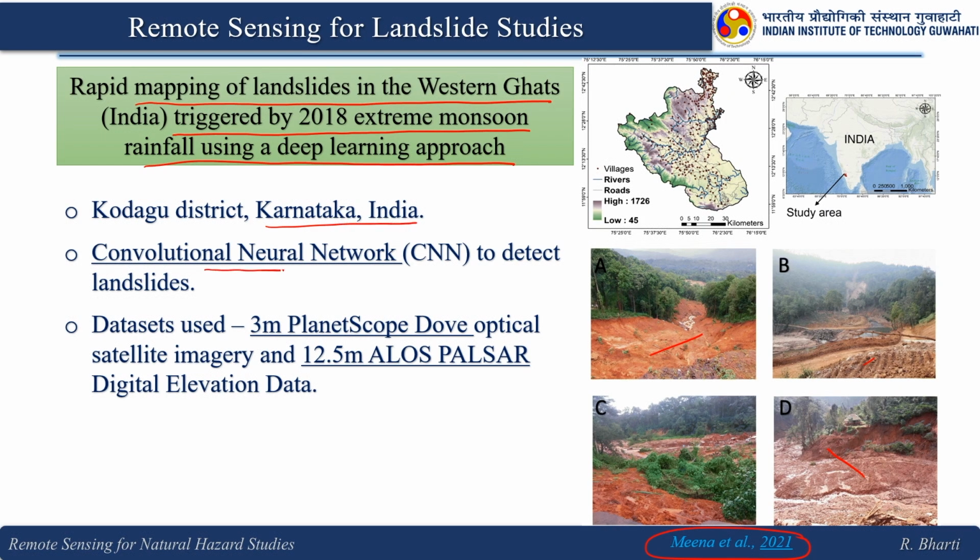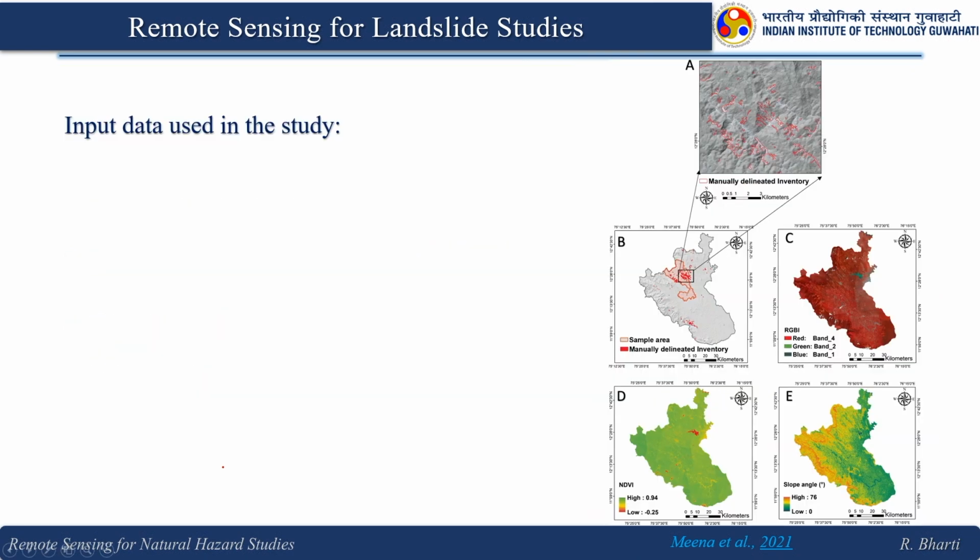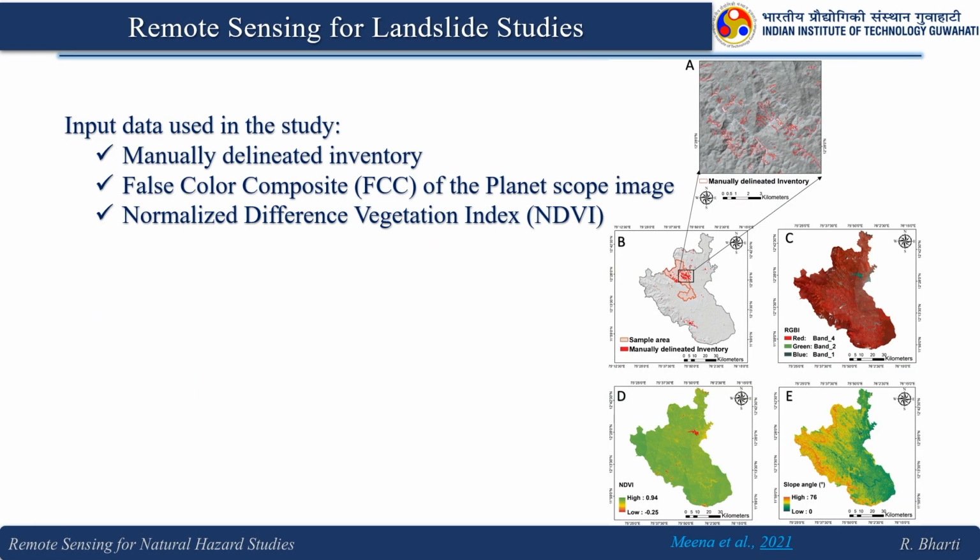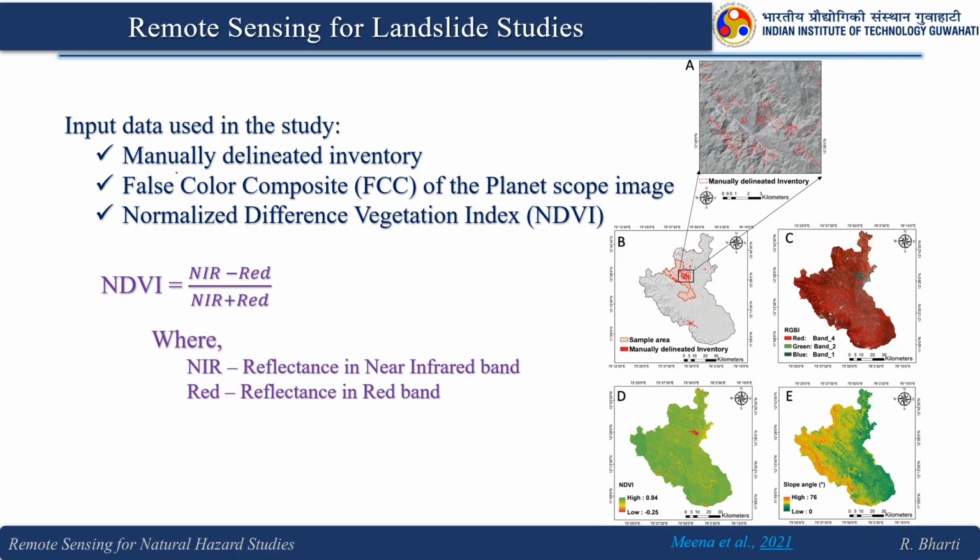A convolutional neural network, CNN, is used to detect the landslide, and they used the 3 meter PlanetScope optical image and the 12.5 meter ALOS PALSAR DEM. They manually delineated the landslide, used the false color composite of the PlanetScope image, and then used the normalized difference vegetation index, NDVI, that I have already discussed with you.